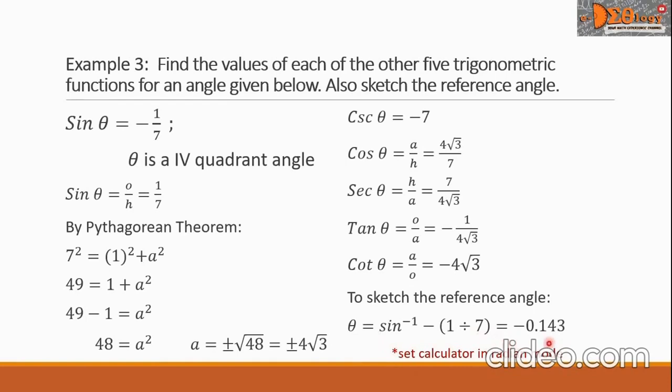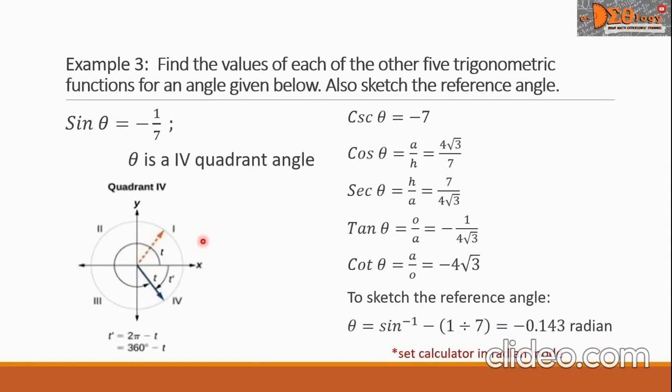You will get this value -0.143. Take note that you must set your calculator in radian mode. It means this value itself is in radians.